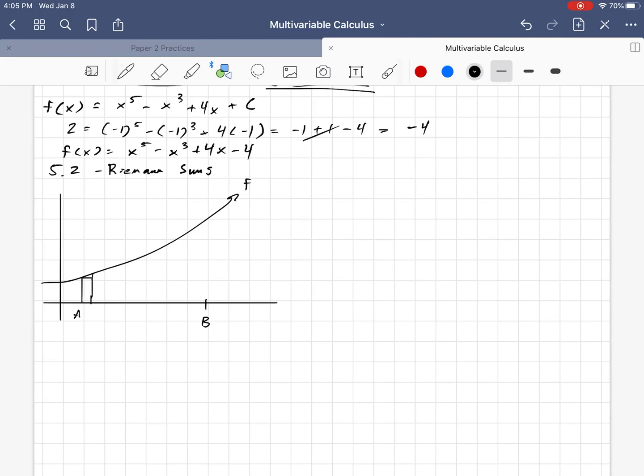It's positive and increasing. Then we can just take rectangles. Normally we would have them evenly spaced, and they would actually be rectangles. They don't look so good right now.